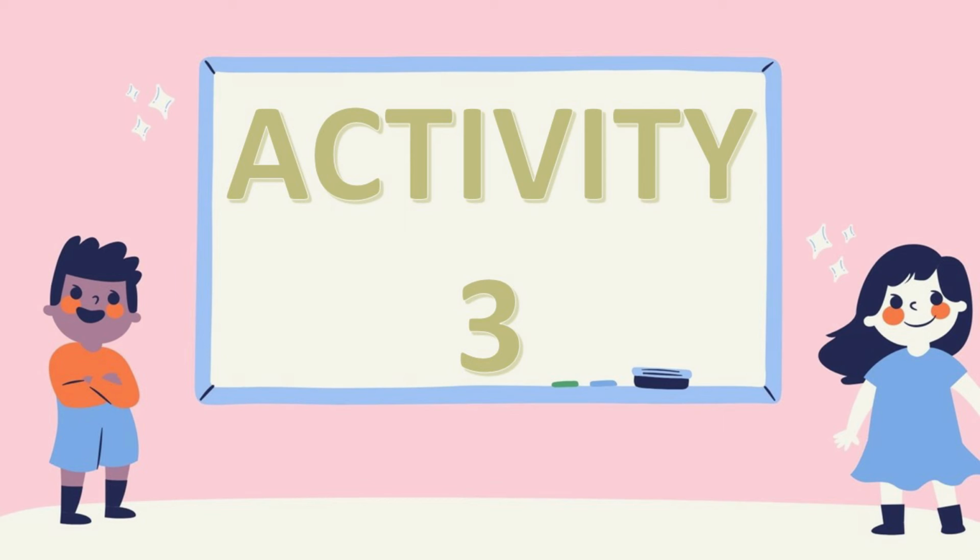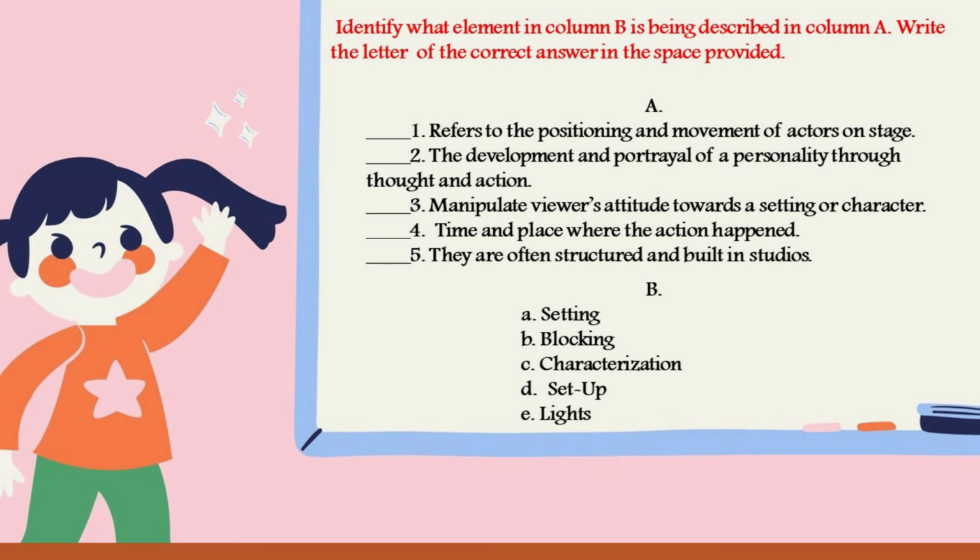Now, let's proceed to our last activity. Activity 3. Direction. Identify what element in column B is being described in column A. Write the letter of the correct answer in the space provided. Number 1, refers to the positioning and movement of actors on stage.